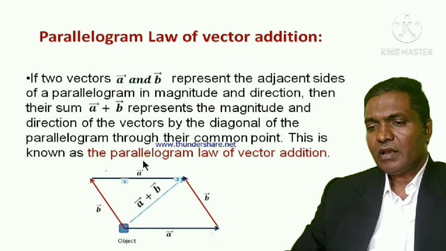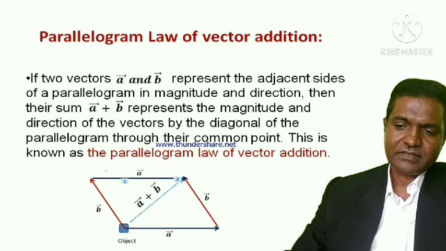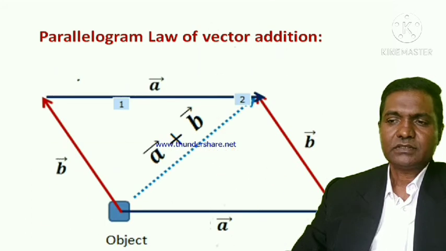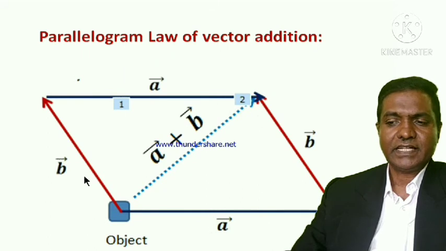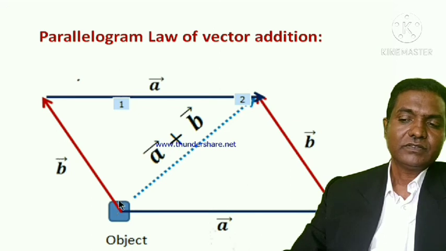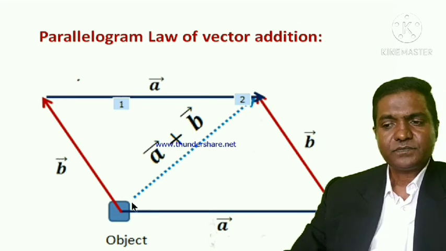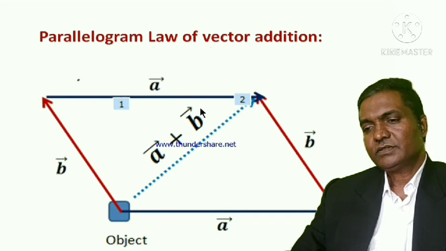That is the parallelogram law of vector addition. Let's move. Here it is. A and B are the adjacent sides, so their sum is the diagonal which starts from the common point. So this is A plus B.